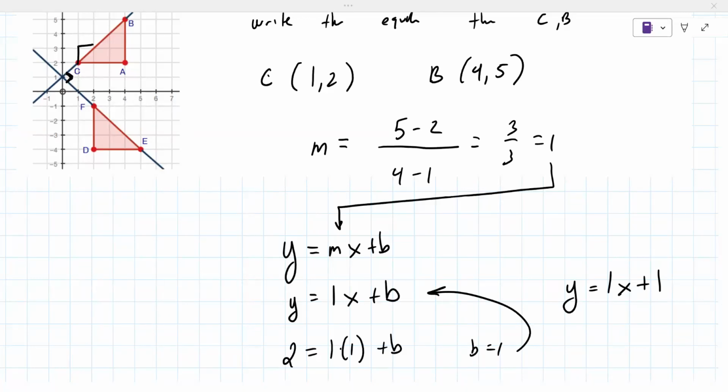All right, yeah, I got it down. Okay, fantastic. So the next thing is we want to show that it's perpendicular to EF here.